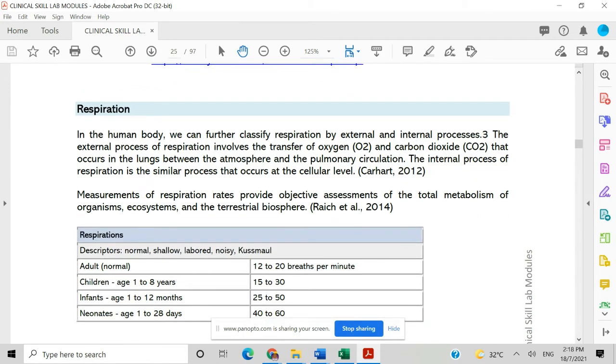All right, respiration. It is hardly done in a dental clinic, but you can observe the patient's respiration. So try to understand what respiration really means and how you do it. Also, how you can tackle people who are anxious.